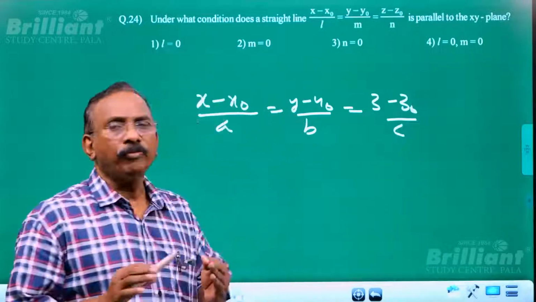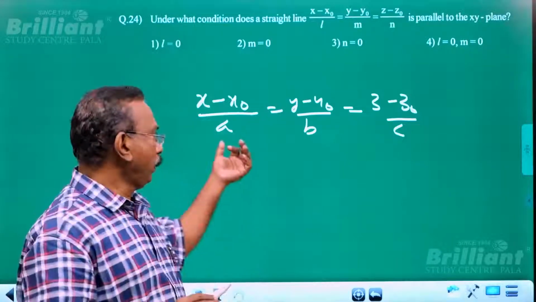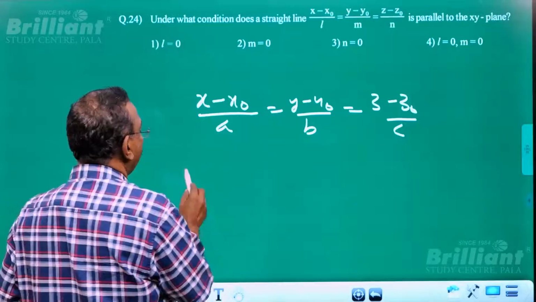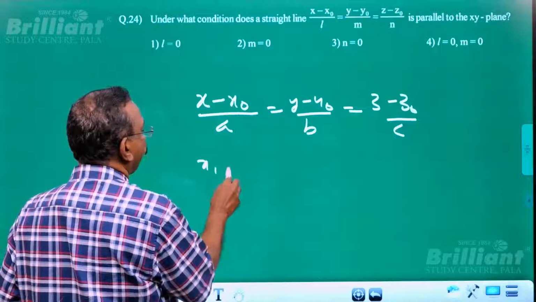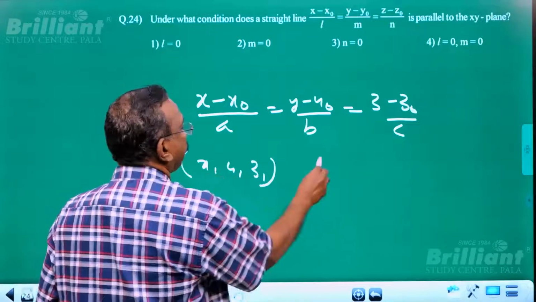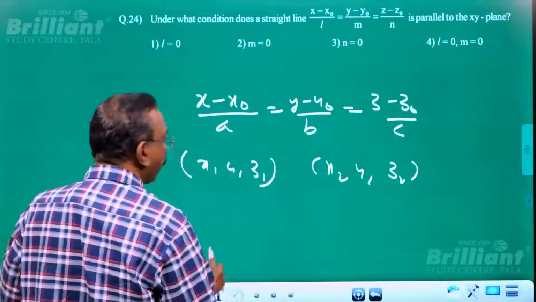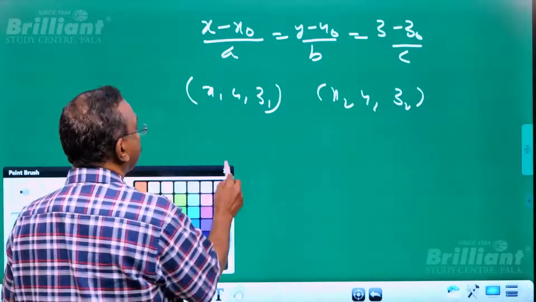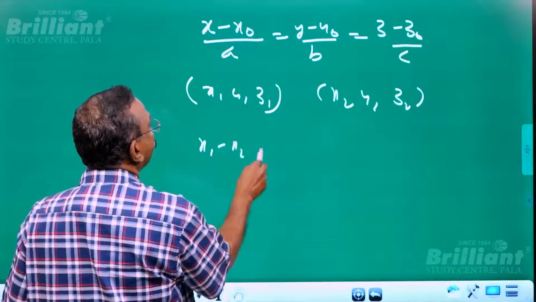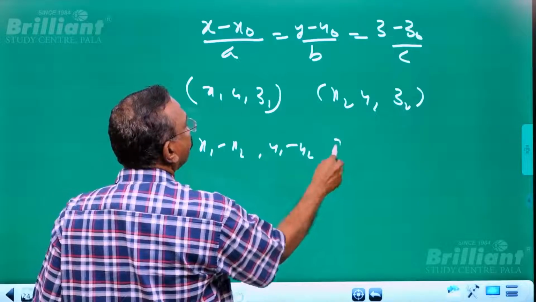Suppose 2 points are there, x1, y1, z1 and x2, y2, z2, two different points on the line. Then what about the direction ratios of the line? They are exactly x1 minus x2, y1 minus y2 and z1 minus z2.